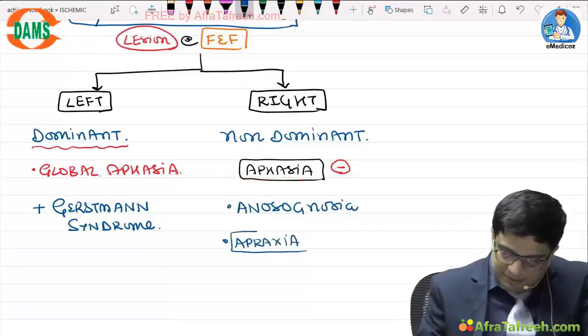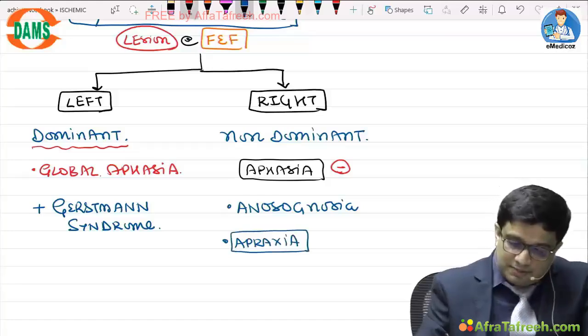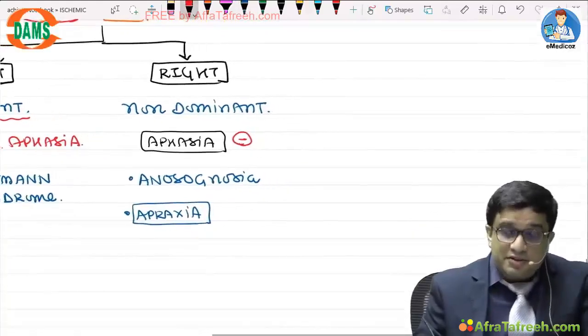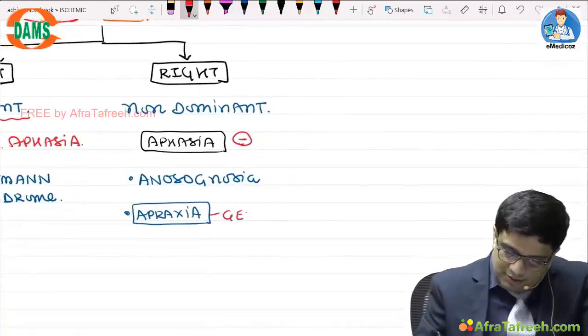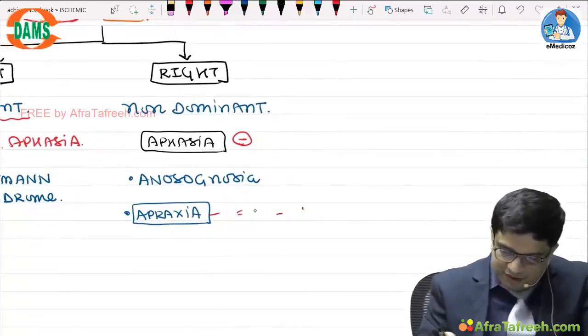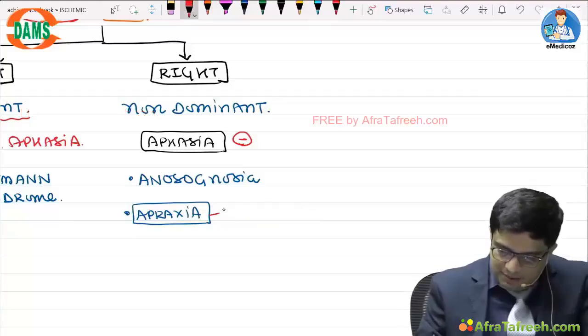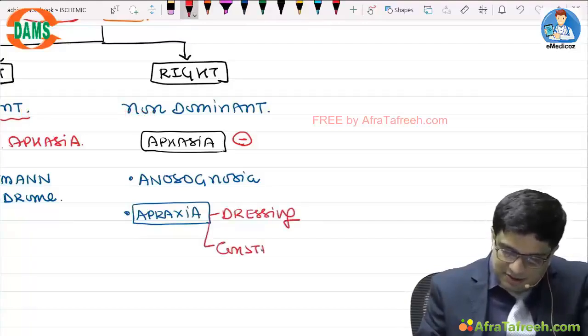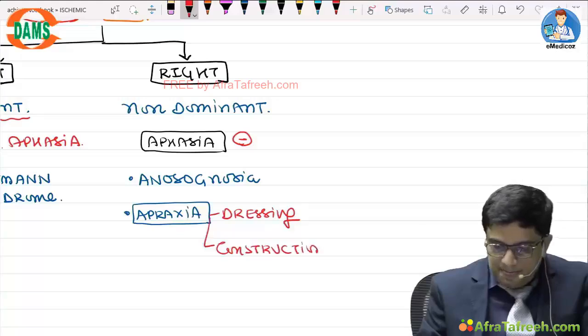of 3 types. If you remember, cannot find the bed in the ward is known as geographic agnosia. Oh, not geographic agnosia, sorry, 2 types of apraxia. One is dressing apraxia and the second one is constructional apraxia.